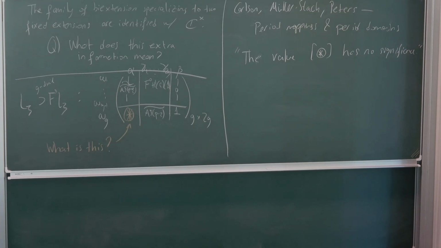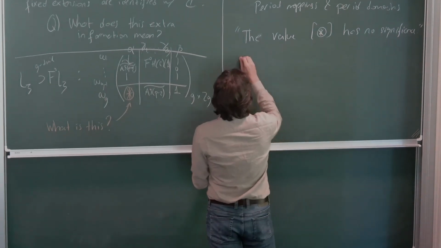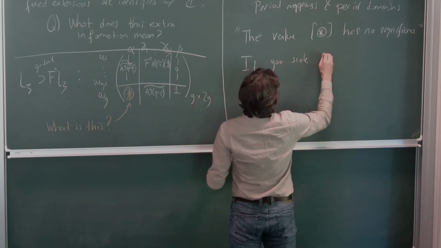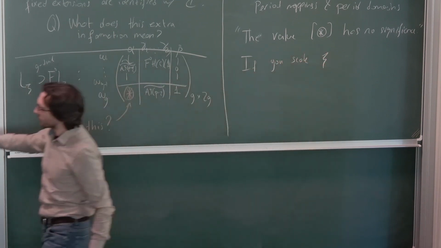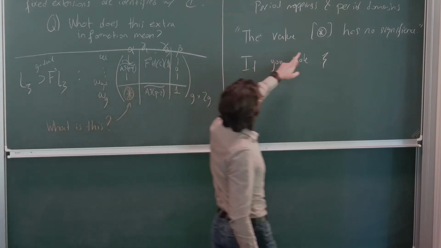Of course, they're not wrong. One thing they realize is that if you scale our deformation parameter t by some complex number lambda, this thing changes by log of lambda.